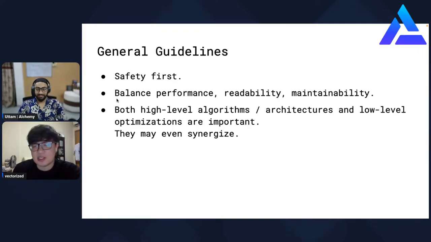Okay, let's say you have the safety down. You also want to balance performance, readability, maintainability. One of my observations, from experience, is that although I am a pretty good inline assembly dev, and the auditors we hire are pretty good at inline assembly, sometimes if you have everything written in inline assembly, there's a lot of code noise.